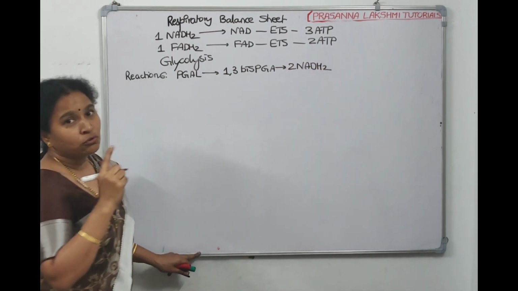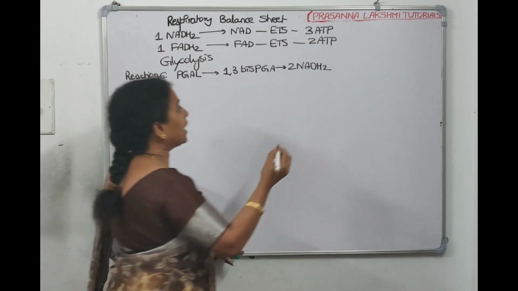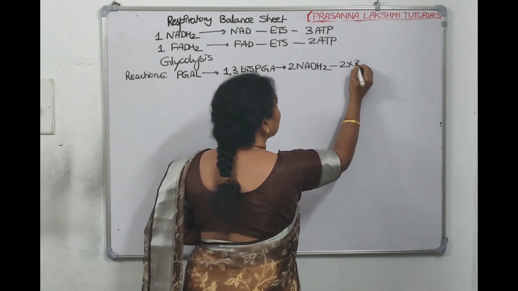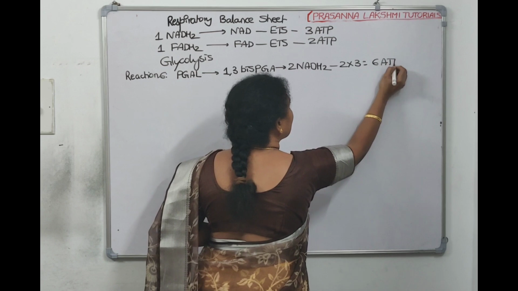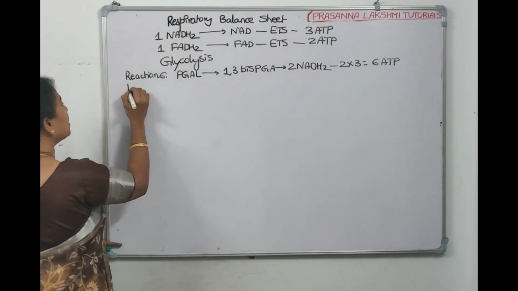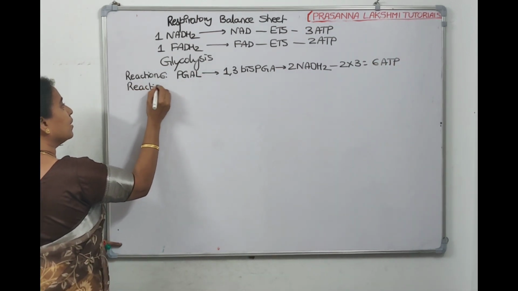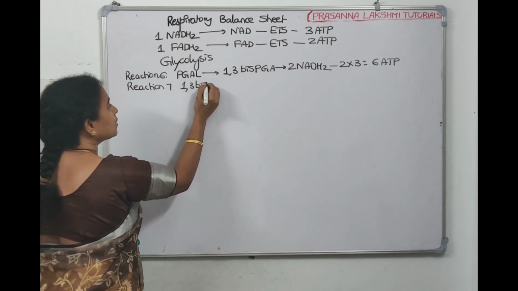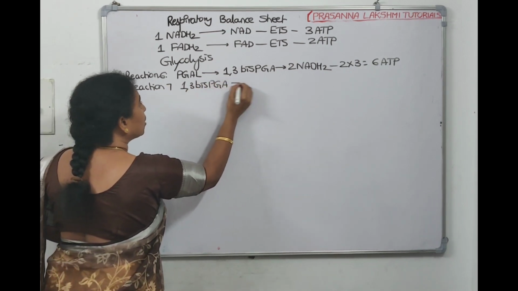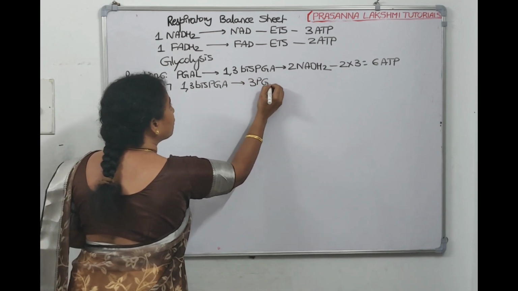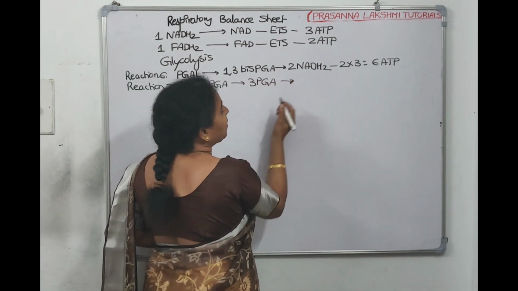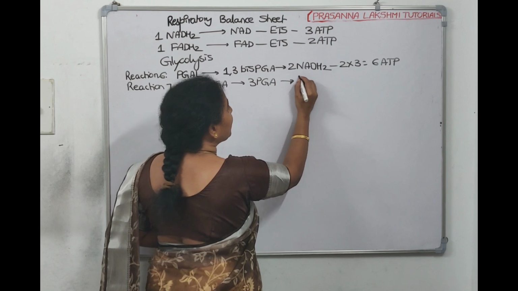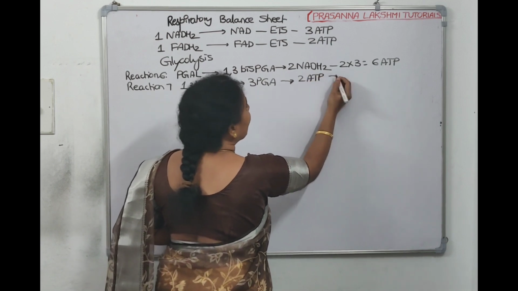Now each NADH2 gives 3 ATPs, so 2 into 3, 6 ATPs. Now reaction number 7. In reaction number 7, when 1,3-bisphosphoglyceric acid gets converted to 3-phosphoglyceric acid, ATPs are made, right? How many ATPs? 2 ATPs are made.